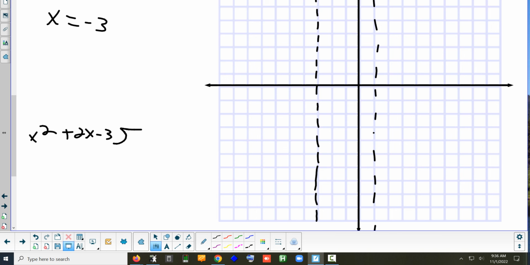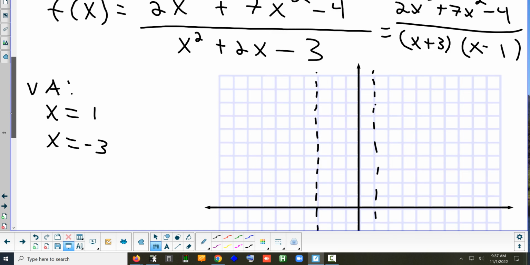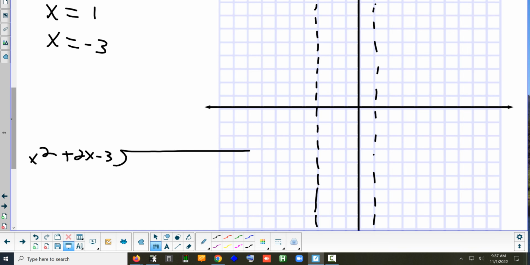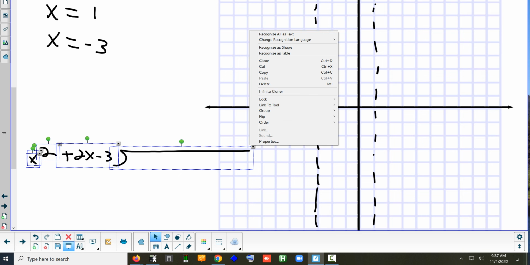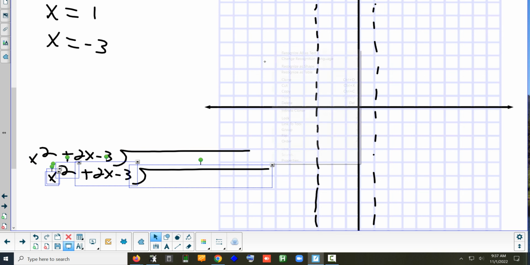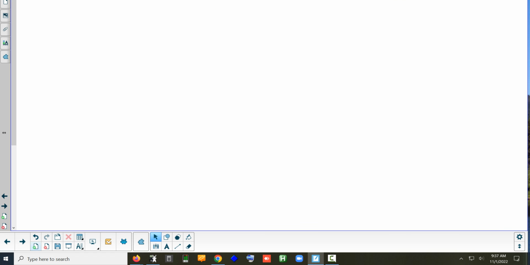We're going to divide that into 2x cubed plus 7x squared. You know what? I'm just going to do it on a separate piece so I have more space. If you don't already have a graph drawn, you probably have more space than I do. Let's do that.